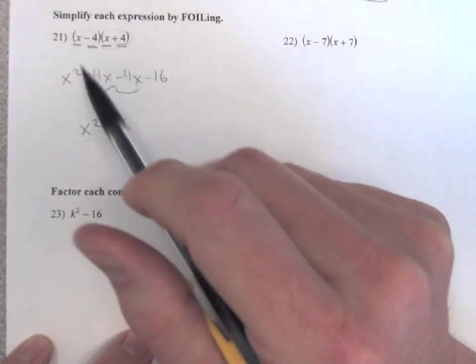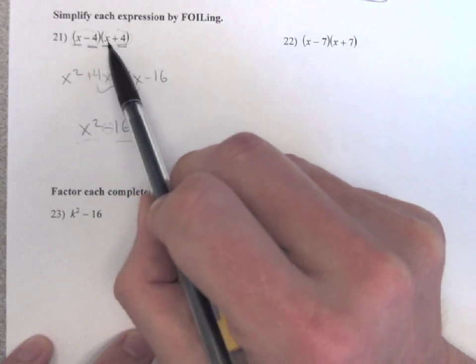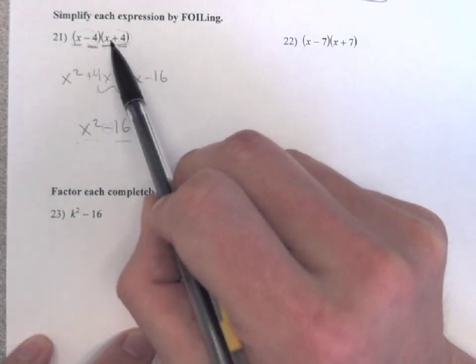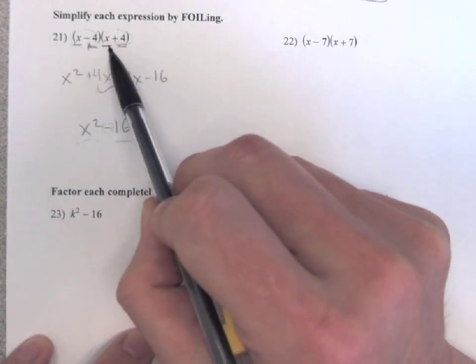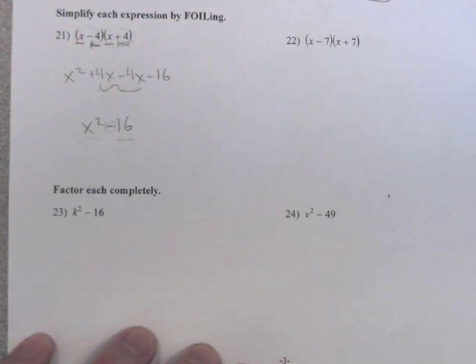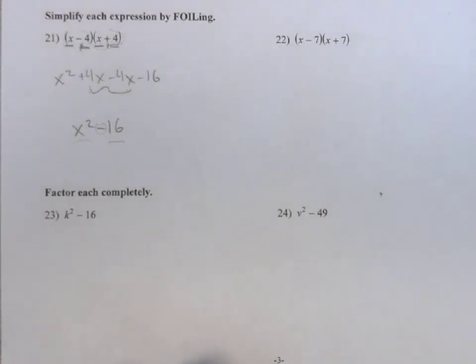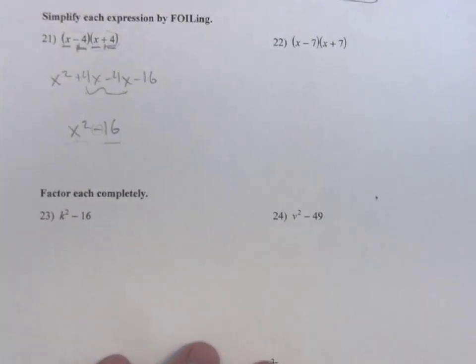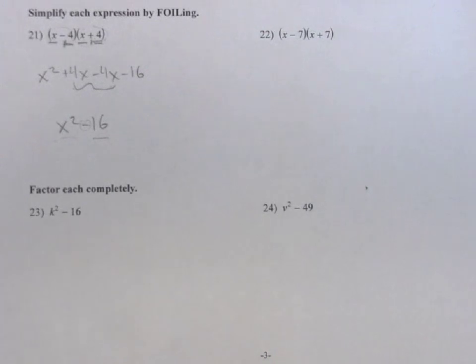They're the same two pieces, x and 4, but this one has a minus 4 and this one has a plus 4. In other words, the middle sign or operation is opposite. And when that happens, the middle term drops out. We've talked about that quite a bit. I'm hoping this is familiar for you, but again, this is just to make sure you have every resource you could possibly need to complete this assignment.